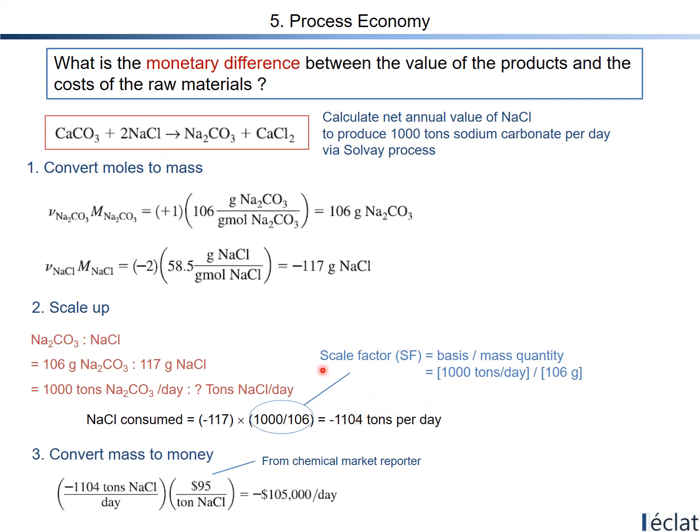Okay, let's go back to the calculation. This second term is the so-called scale factor, or shortly SF. The scale factor is obtained by dividing the basis, in this case 1000 tons sodium carbonate per day, by the mass quantity 106 for the same material, sodium carbonate.